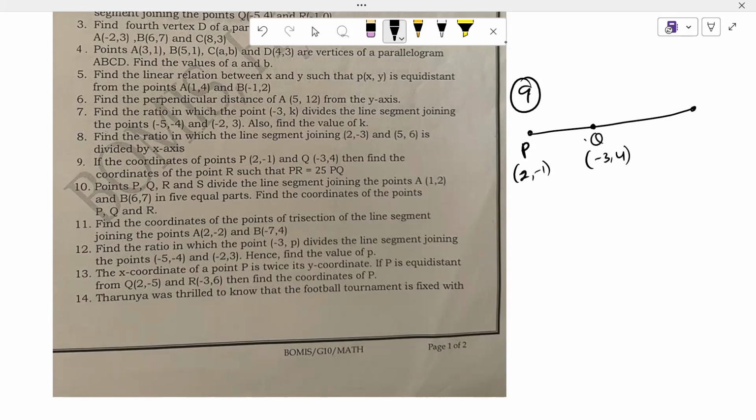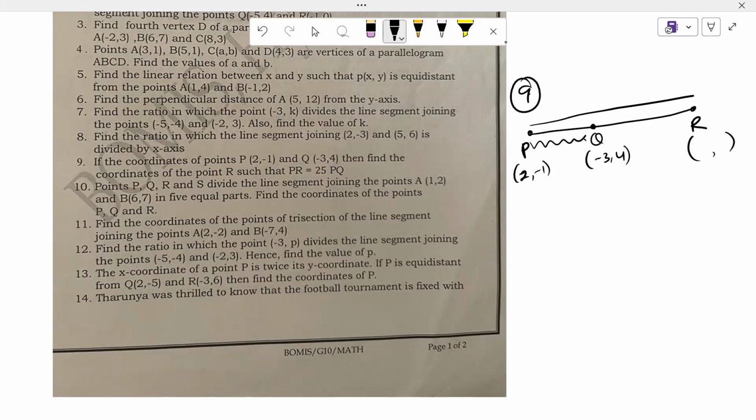And now they are asking to find the coordinates of R such that PR is 25 times PQ. Now we have to find the coordinates of R.